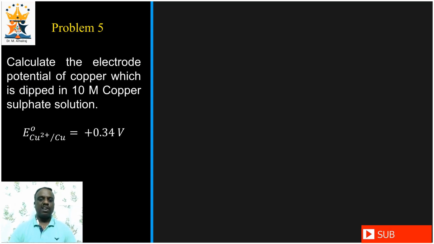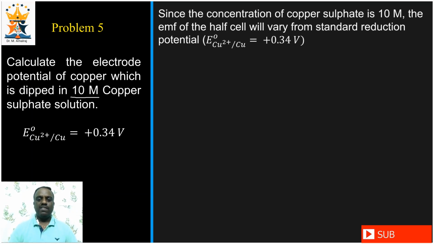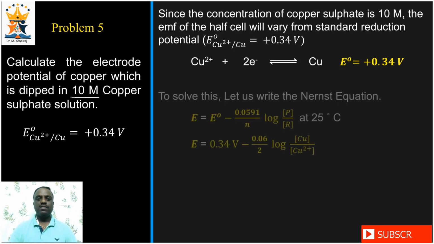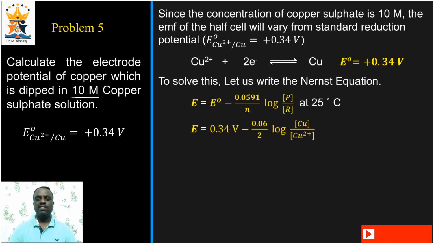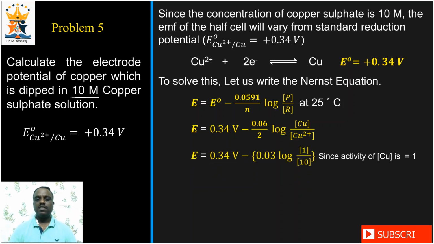In case the concentration of the electrolyte is greater than 1 molar, what will happen? Here we have taken 10 molar of copper sulfate solution instead of 0.1 molar. Now let us do the same steps. We will write the Nernst equation and substitute the concentrations. The concentration of the copper 2 plus ion in this case is 10.